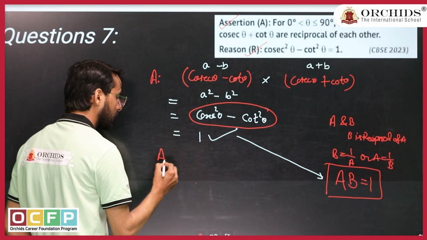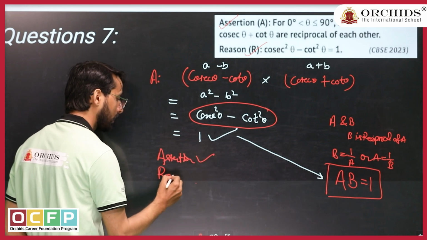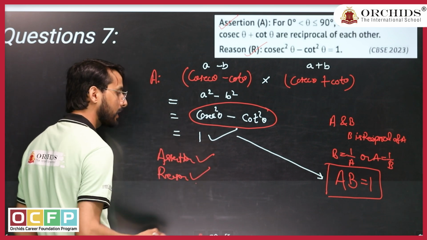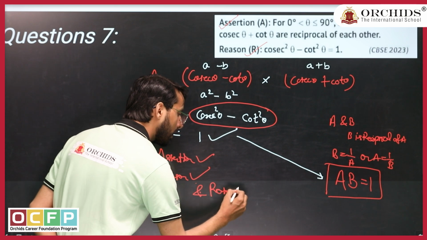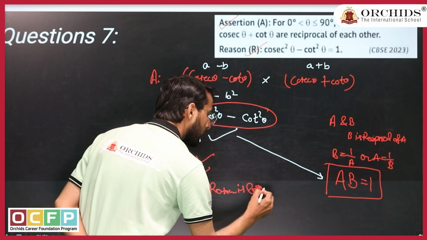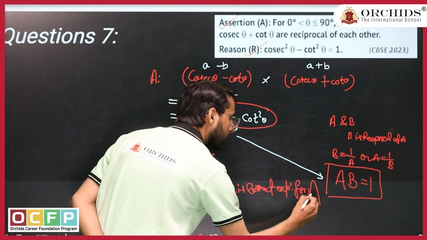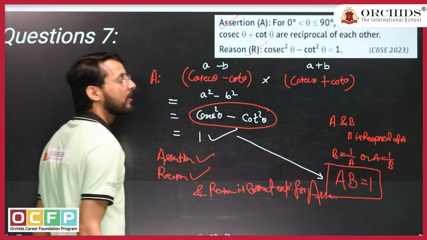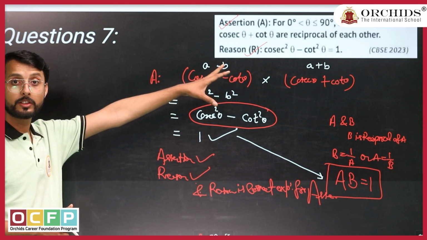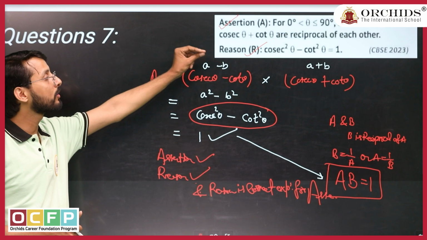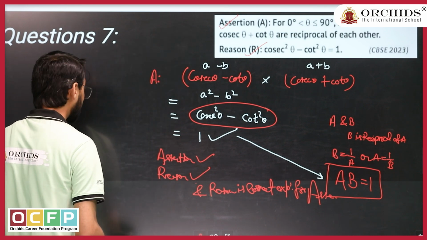The assertion is perfectly correct, the reason is also perfectly correct, and the reason is a correct explanation for the assertion. Correct, guys? If you have the knowledge of this trigonometrical identity, you can solve these within a second. Okay, guys, let's move to the next part.